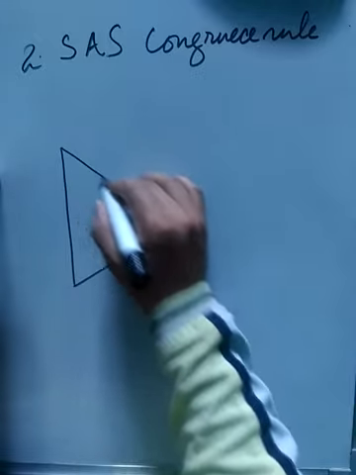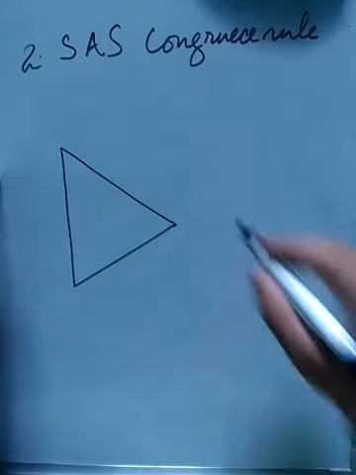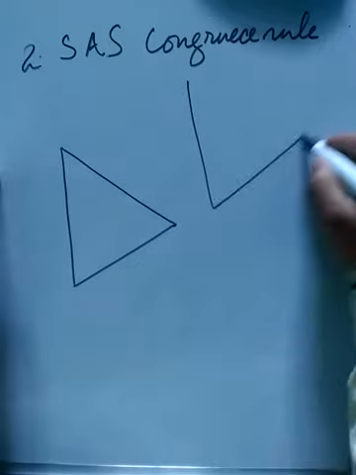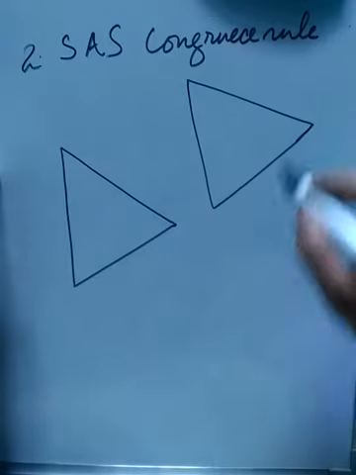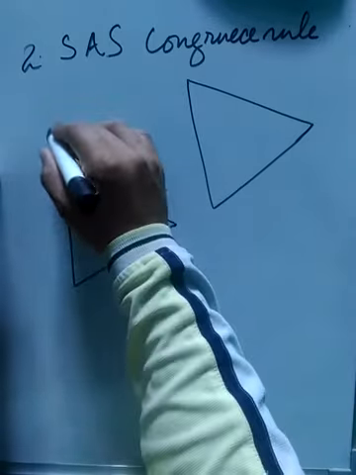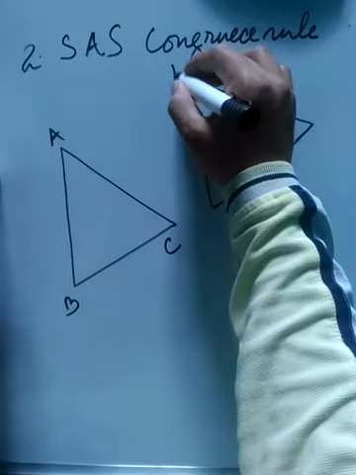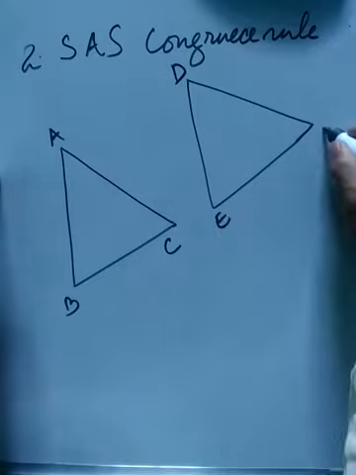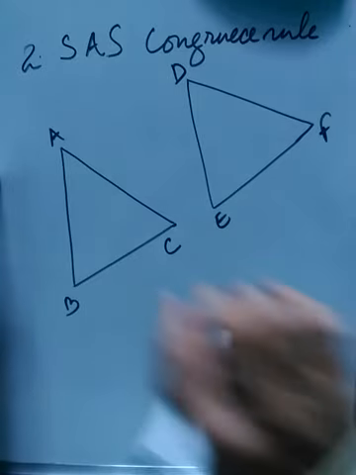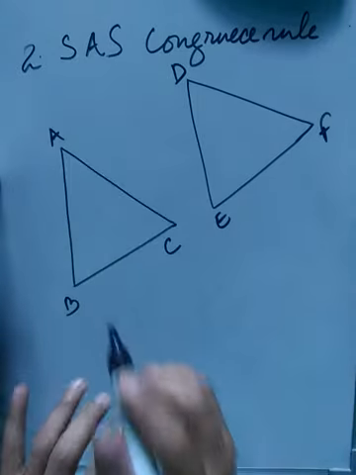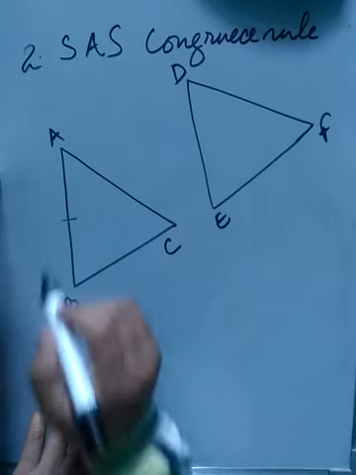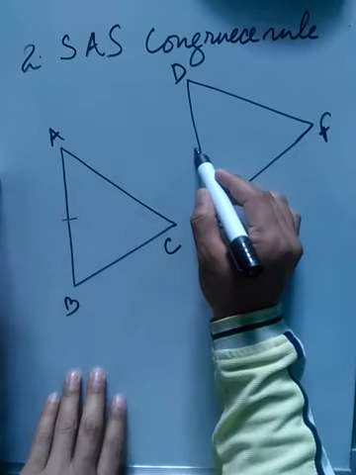This is a triangle, and one more triangle here. I give here A, B, C, D, E, F. The first one is side. Let us assume that side AB is equal to side DE.